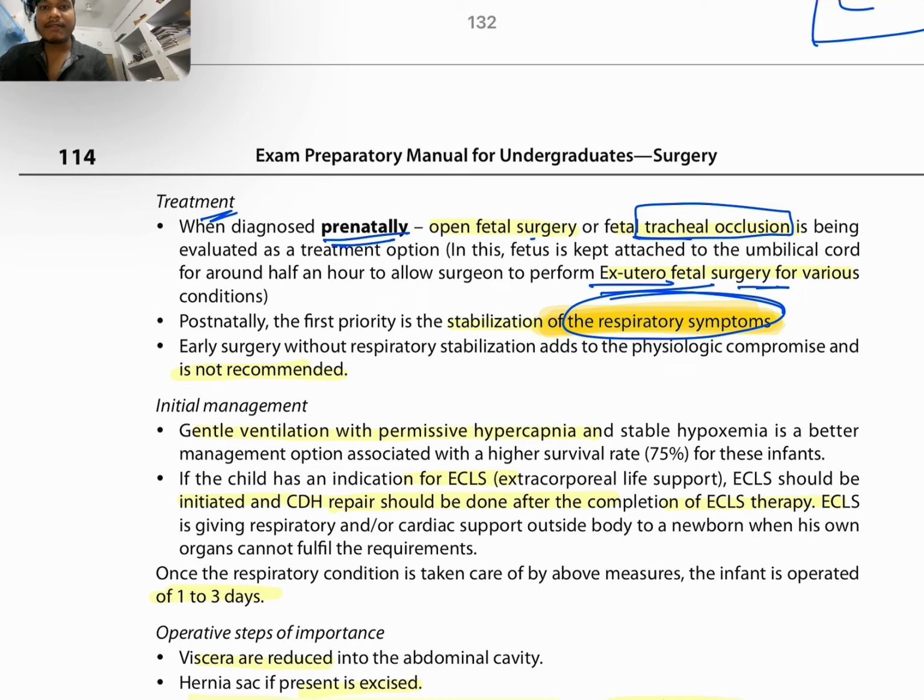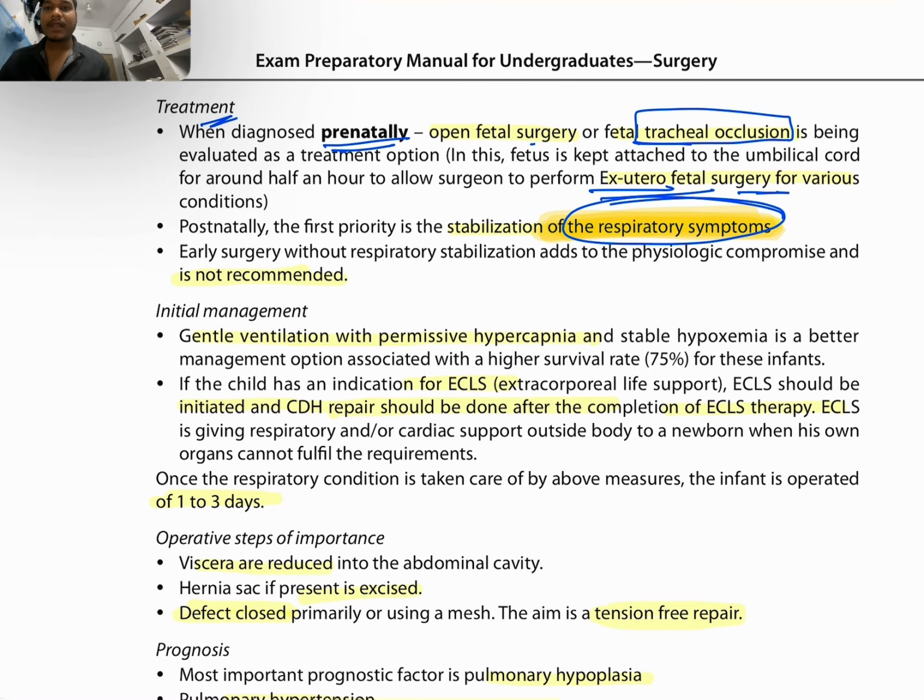If there is a hernia and the bowel contents disturb the function of the lungs, there will be difficulty in breathing. So before cutting the umbilical cord, we first maintain the respiratory function of the baby, either by removing the tracheal occlusion or by tracheostomy, whatever is required.